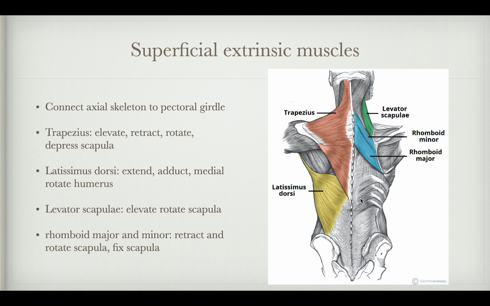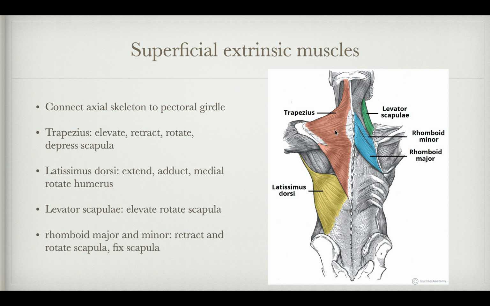So the superficial extrinsic muscles are considered the extrinsic muscles, and they are involved with the pectoral girdle and the thoracic cage. So going forth, we're going to start with the trapezius. Here it is.